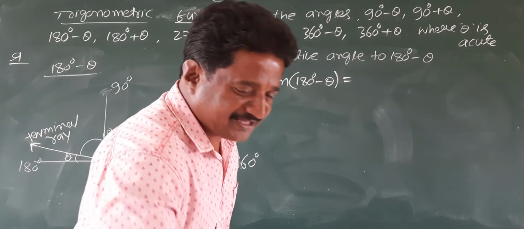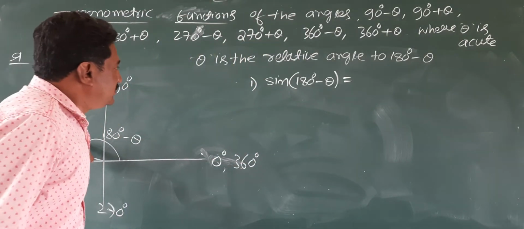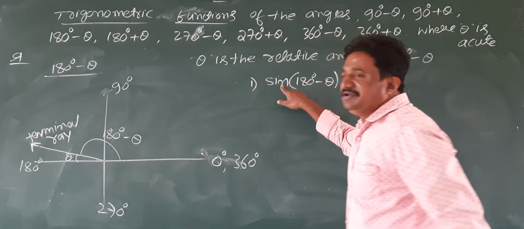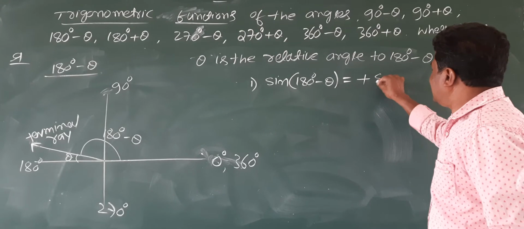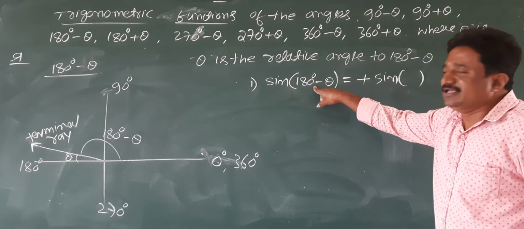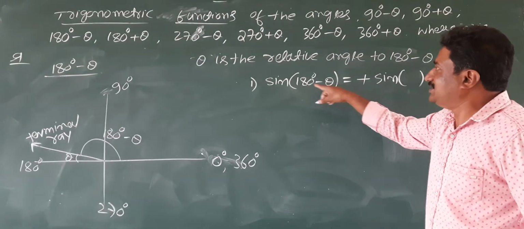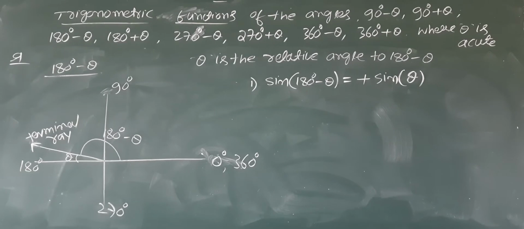Okay students, come to this. 180 minus theta, a second quadrant angle. So in the second quadrant, the sine value should be positive. Now write that sine as it is. Now write the relative angle. Tell me the angle related to 180 degree minus theta. So what is sine 180 degree minus theta?